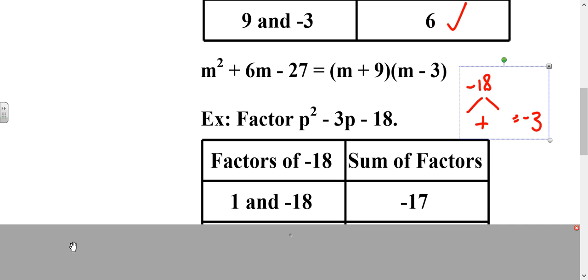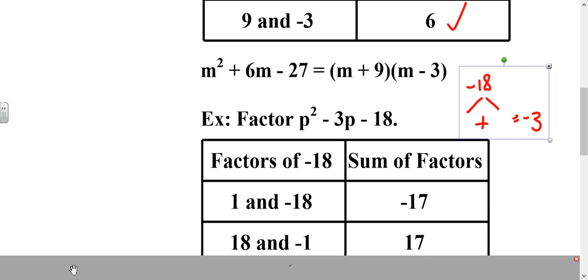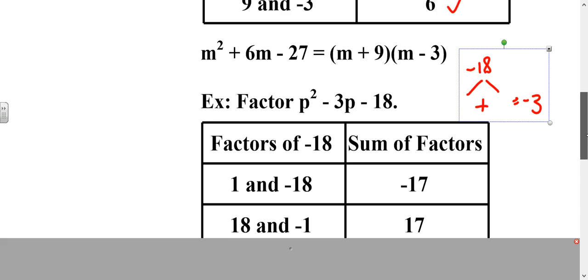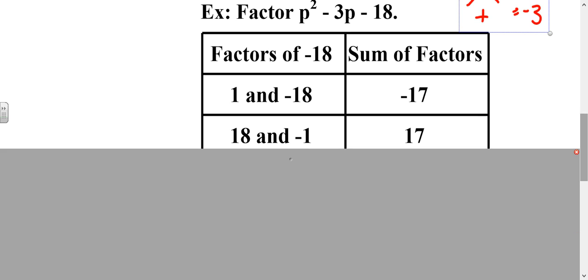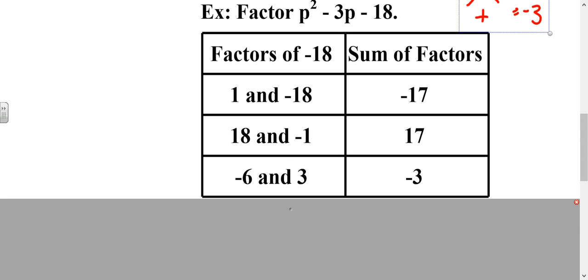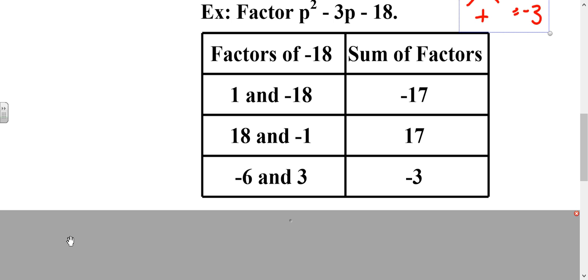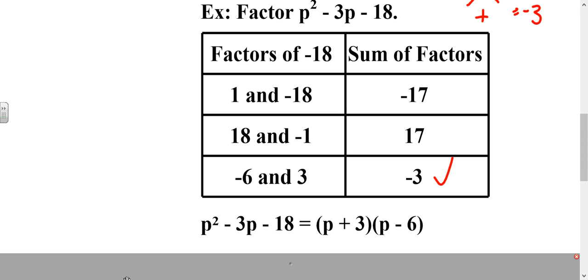We could flip it and do positive 18 and negative 1, but then that just makes a positive 17. So we need to try different numbers. What else multiplies to be negative 18? I could do 2 and 9 and make one of them negative. Or I could do 6 and 3 and make one of them negative. So negative 6 and positive 3 would work. So my factors would be, since it was positive 3 and negative 6, the 6 would have to be negative, so p minus 6, and the 3 would have to be positive, p plus 3.